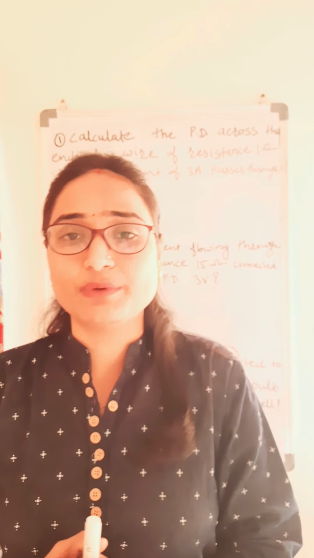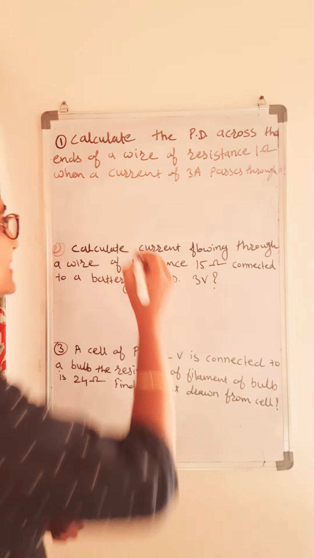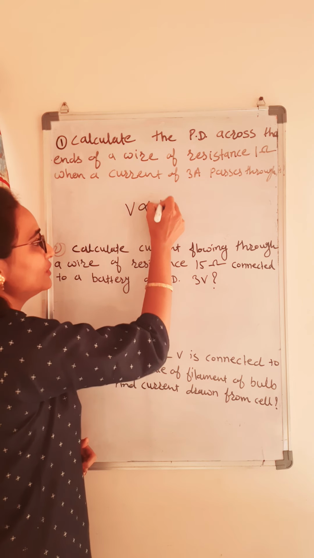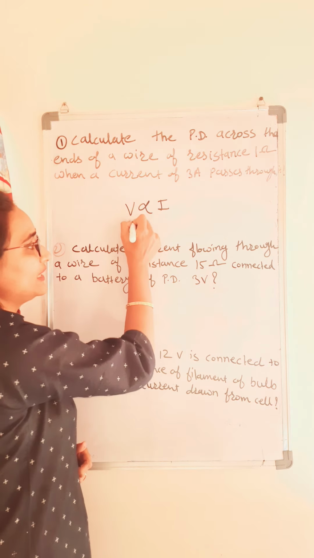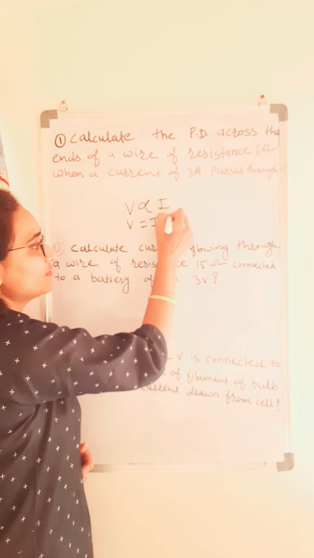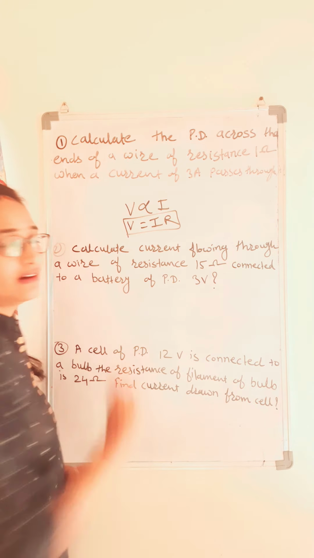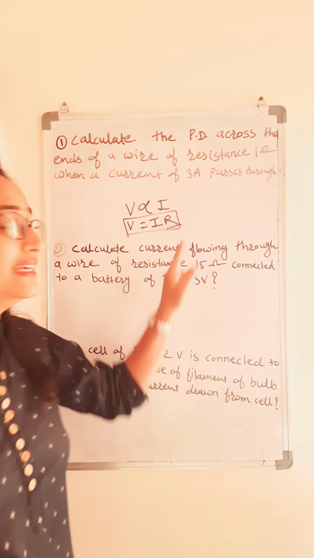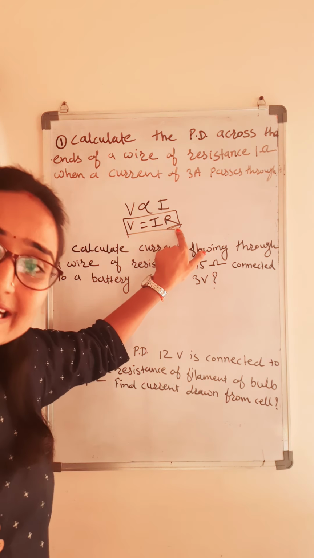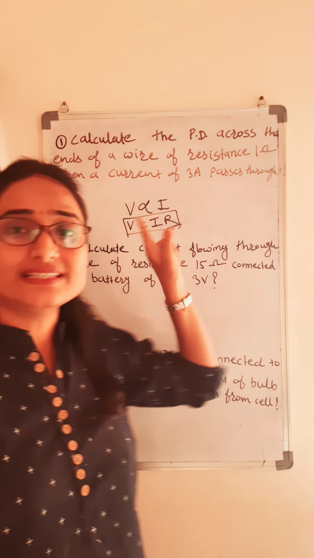This we saw in potential difference. So what we saw is V is directly proportional to I. For removing this proportionality sign, we use V is equals to IR. This is one formula we got, where R is the proportionality constant, which is resistance.